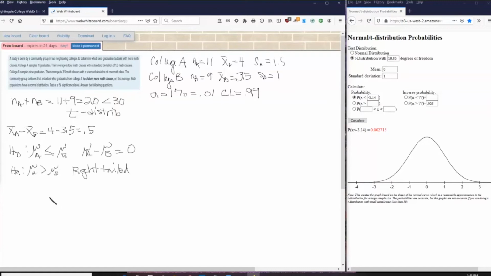Okay. So we're going to assume the population mean difference is 0, and the difference of our sample means was 0.5. So we want to know the probability that when we take samples, our mean is going to end up in this shaded area.